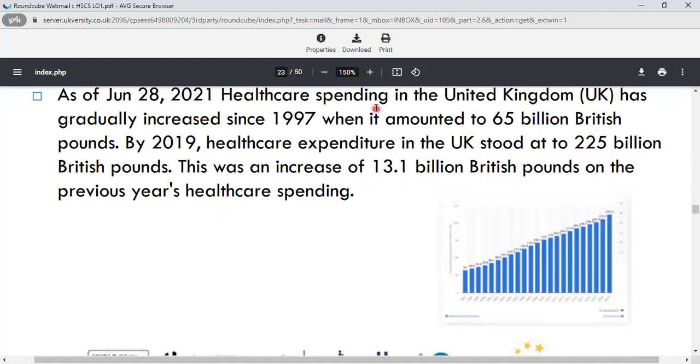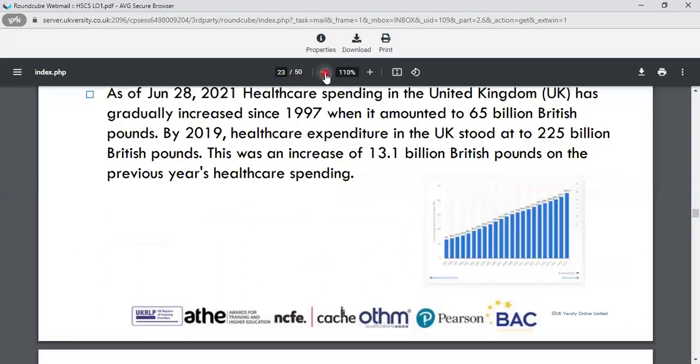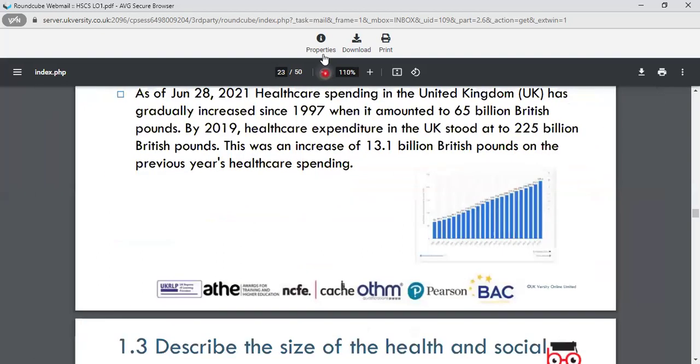Any idea why this has happened since 2021? Anyone, any idea? I think because of the increase in the old population and the younger ones due to depression and mental health. Yes, thank you.